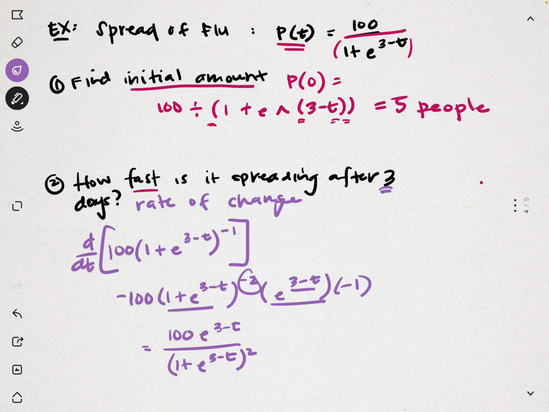And then we did 3 minus 3, which is 0, right? e to the 0 over 1 plus, oh, this is going to be e to the 0 again, squared, whoops, what we end up with is 25.